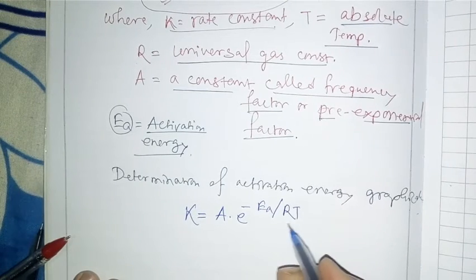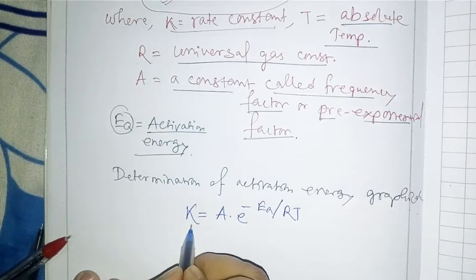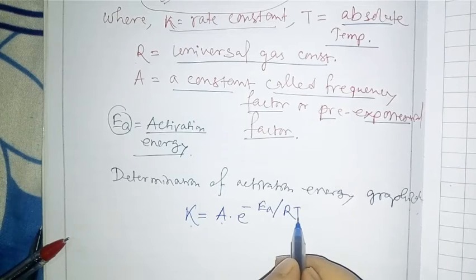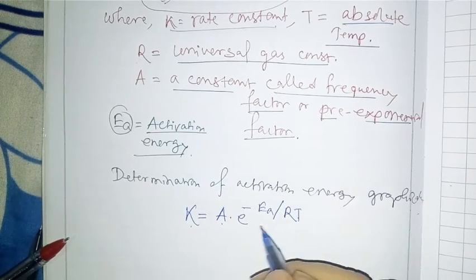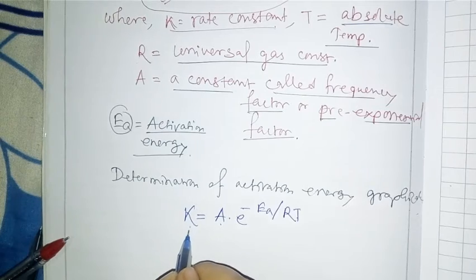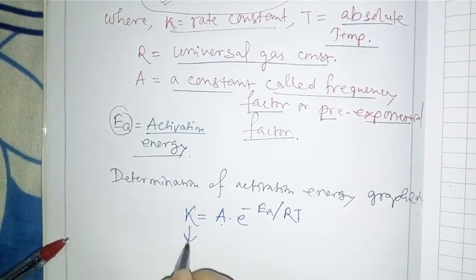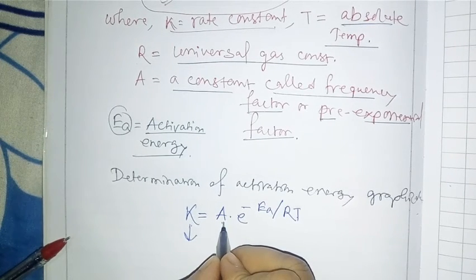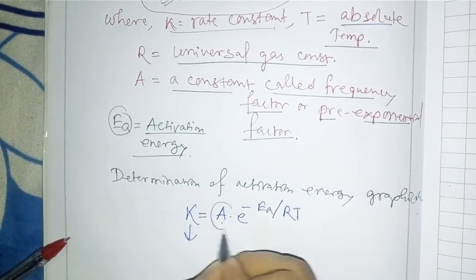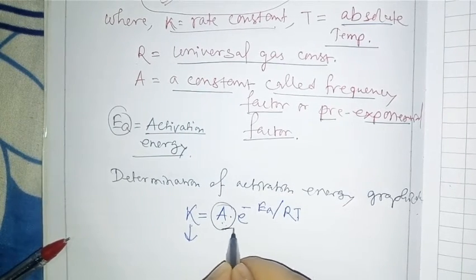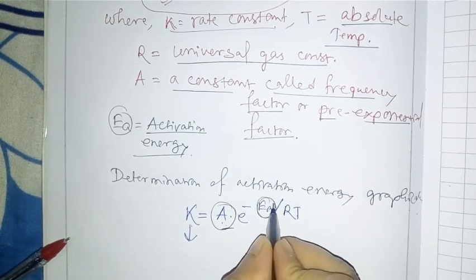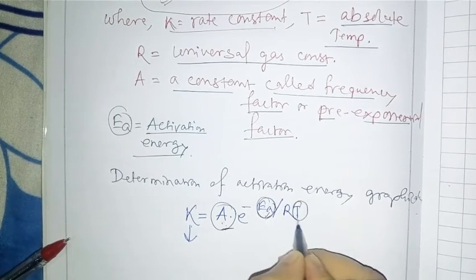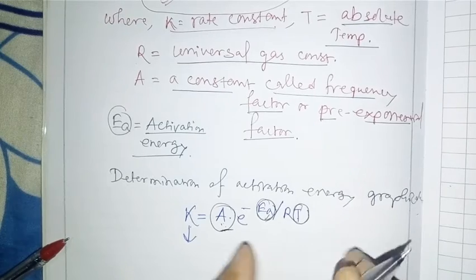Here k is the rate constant, A is the frequency factor, Ea is called activation energy, and T is called absolute temperature respectively.